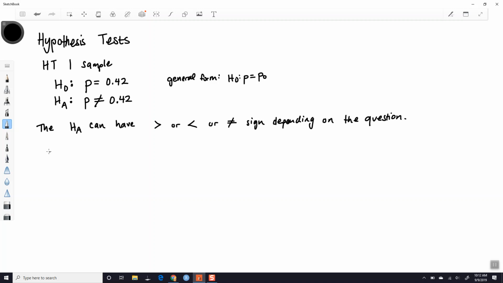So it could be something like, we believe the population proportion is 0.42.